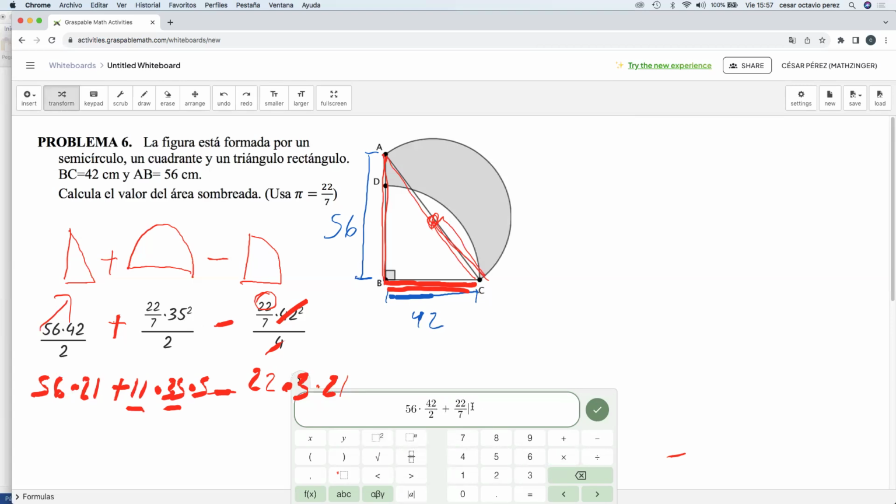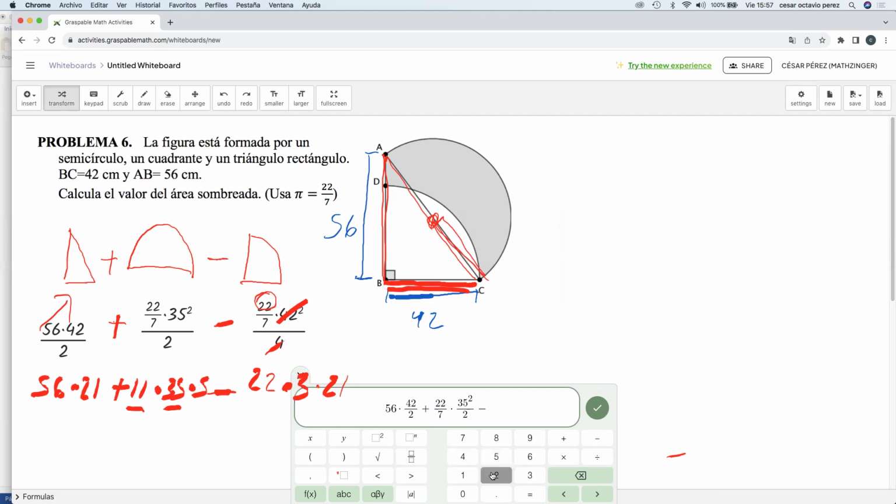Pi por radio squared. Pi por radio al cuadrado entre 2. This is divided by 2. Entre 2. Minus the quarter.